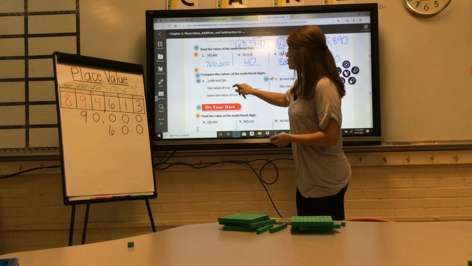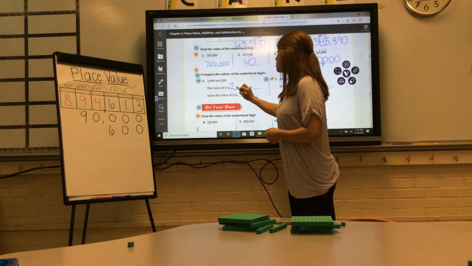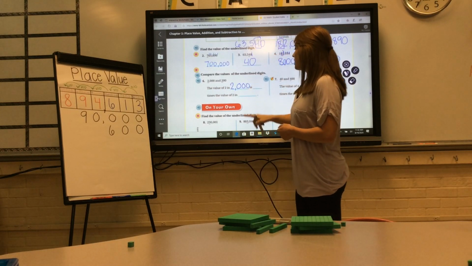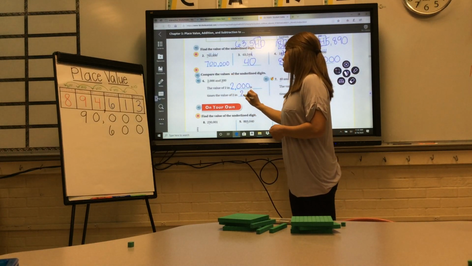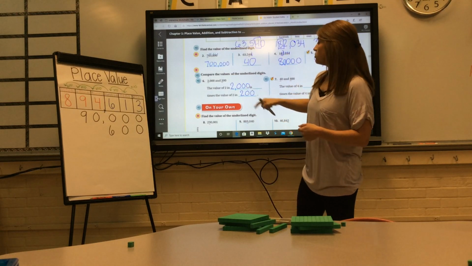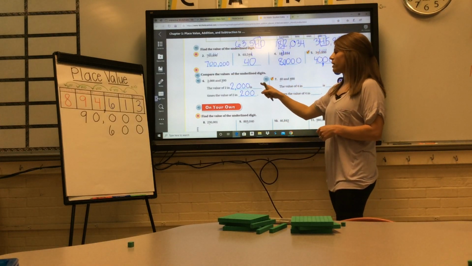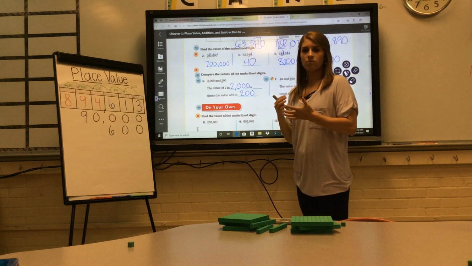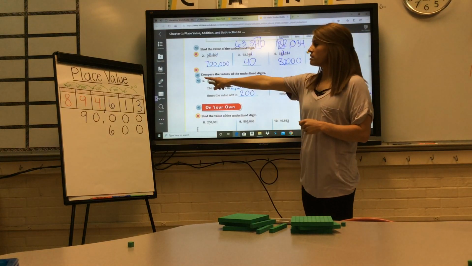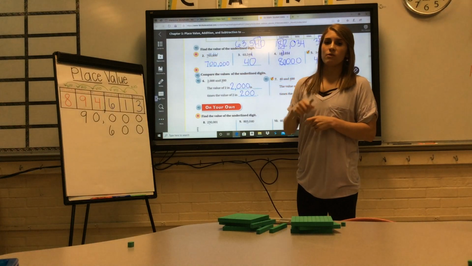So the value of the 2 in 2,000 is blank times the value of the 2 in 200. So we know that those are the 2 numbers that we've got to use. But now we've got to figure out, how many times the value is it? What did we say we multiply by every time we move up a place value?